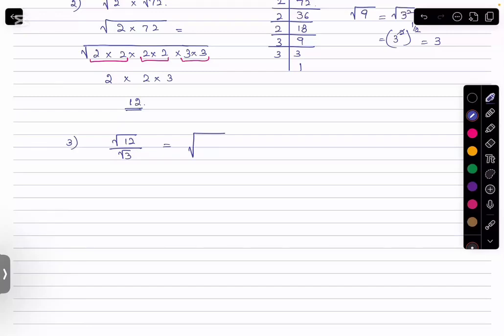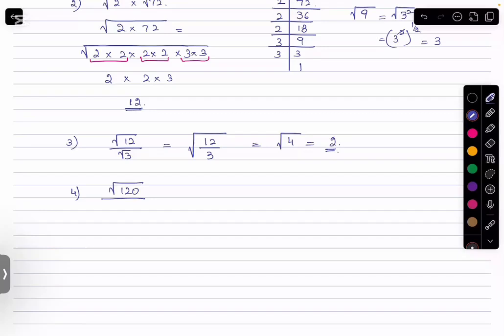So if that is the case, then I can simply say that basically it is square root of 12 divided by 3. And then I can say this is square root of 4. And what is square root of 4? That's just a 2, and 2 is going to be your answer. Correct?